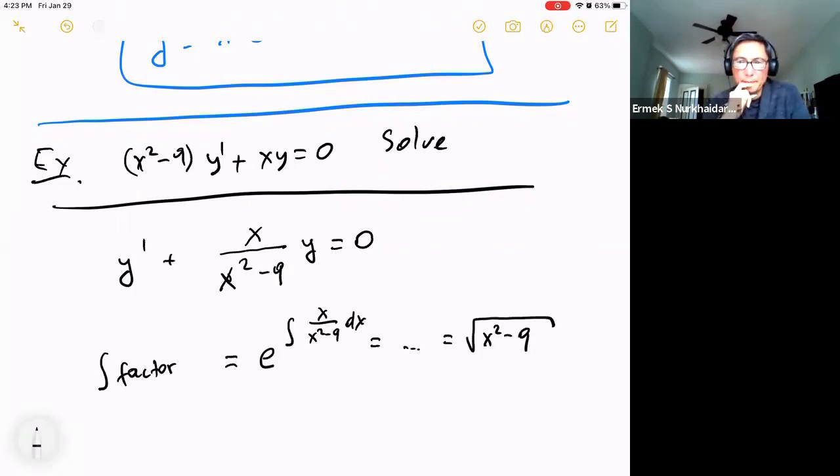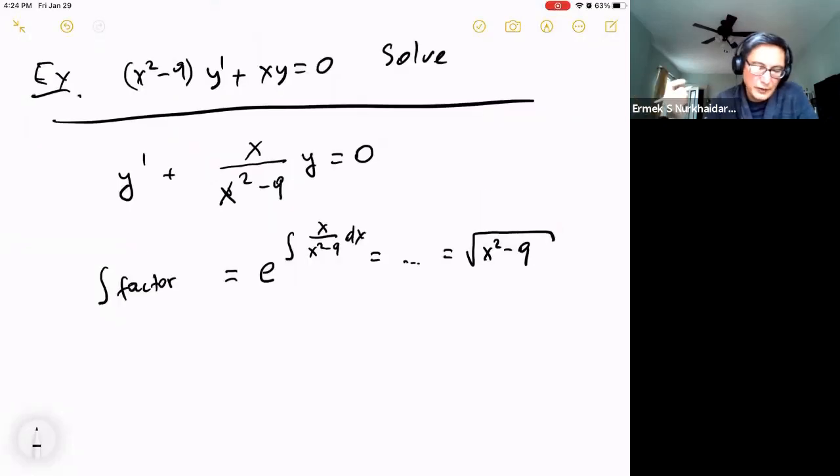Are we getting that? We need to provide details. So basically, in great shape. Multiply by the square root of x squared minus 9.